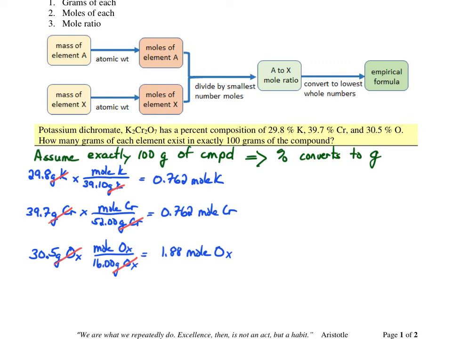It looks to me that this is a 1:1:2 mole ratio, but let's suppose that it wasn't obvious. Our hint here is to divide by the smallest number of moles. So we're going to divide each of these results by the smallest number of moles.